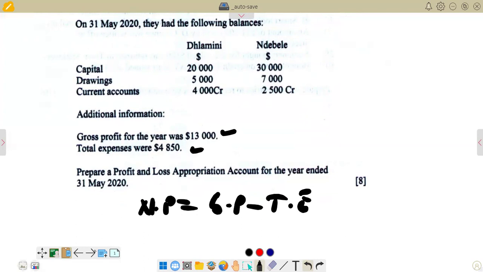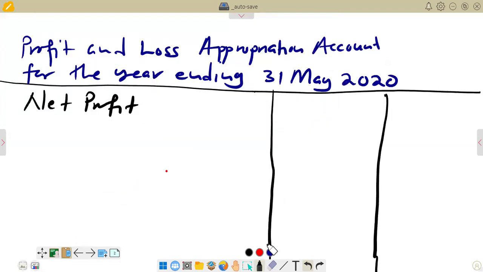So in our answer section, we summarize: 13,000 minus 4,850, and the answer that you are supposed to get in this column is 8,150. So this is representing our net profit.